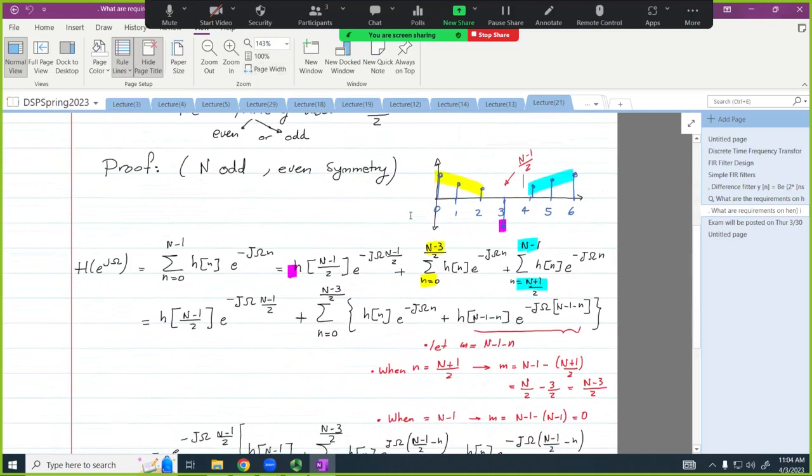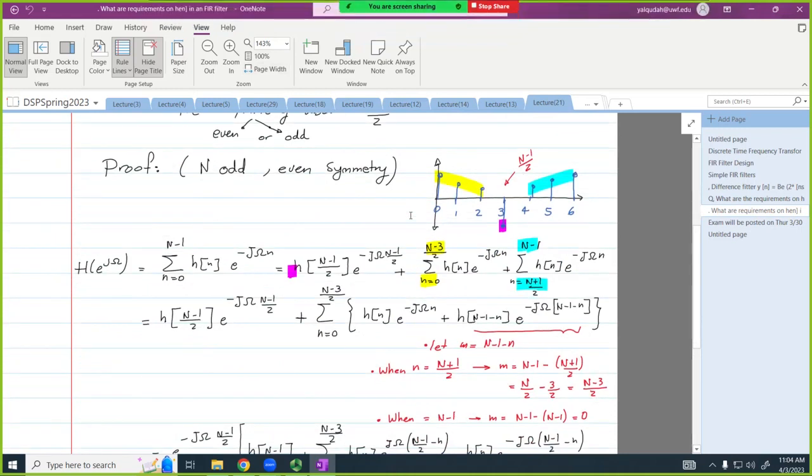So we took the impulse response of a filter that is of odd length, and it has an even symmetry that we see on the board. You know what the symmetry means, everybody? So it's symmetrical around the center of this point here.